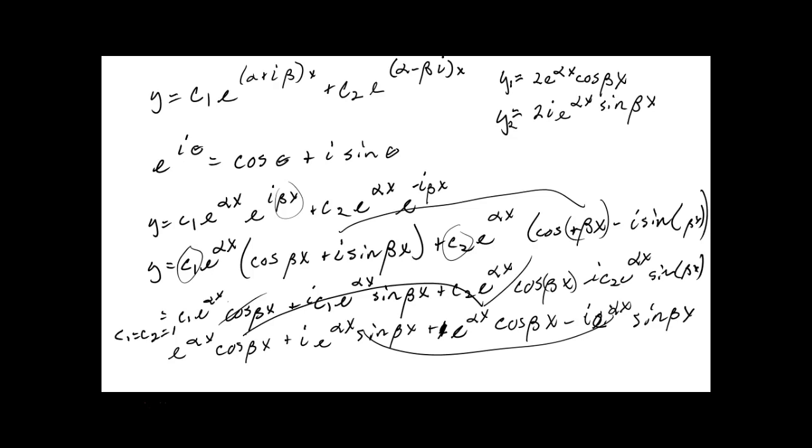This is bottom of page 122. A constant multiple of a solution y1 of a homogeneous linear differential equation is also a solution, and a homogeneous linear differential equation always possesses the trivial solution y equals 0. Well, we hopefully won't need that one.